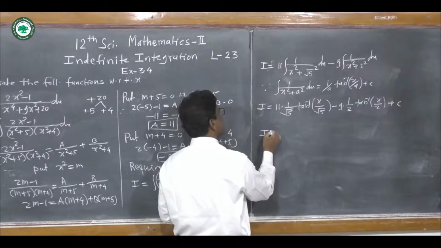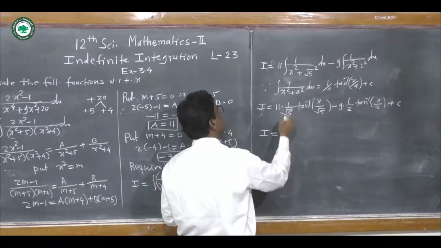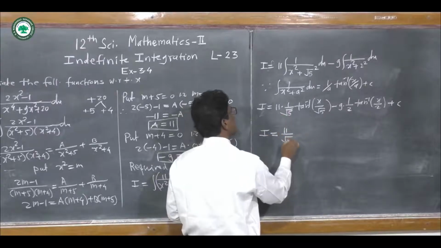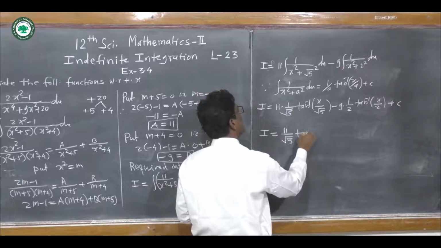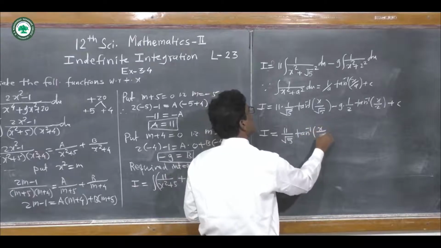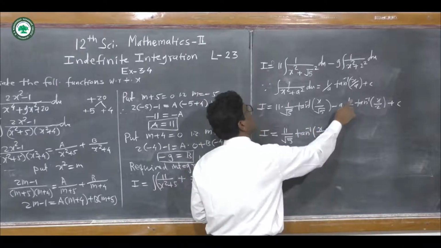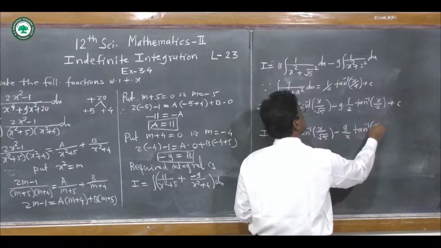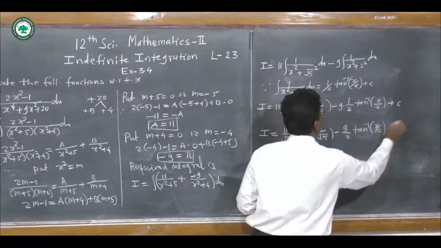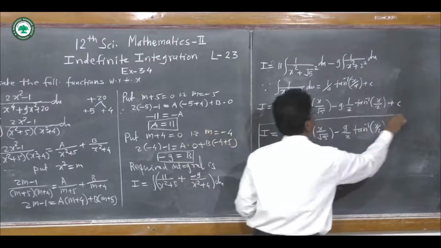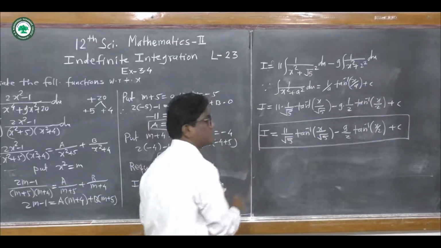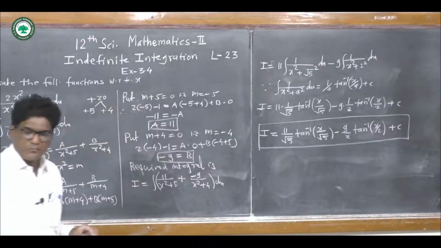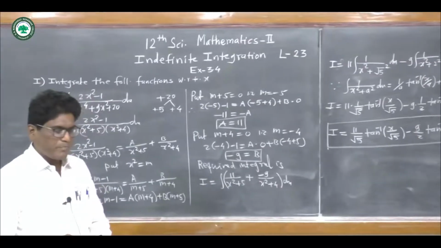And so the final solution is I is equal to 11 upon root 5 into tan inverse of x upon root 5 minus 9 upon 2 tan inverse of x upon 2 plus constant of integration. Highlight this solution, take the screenshot. In this way we completed the 9th problem.